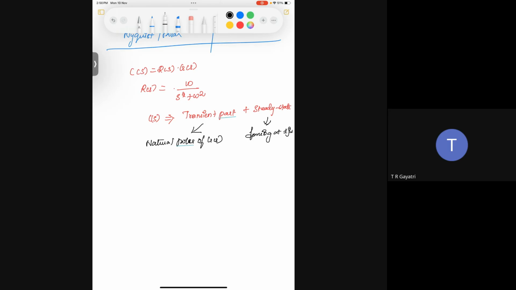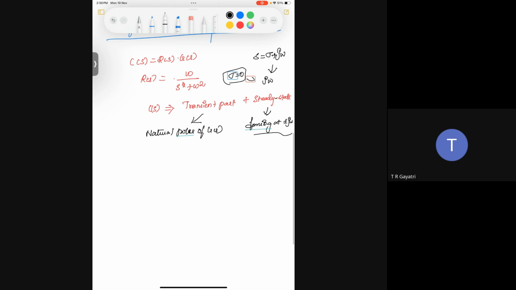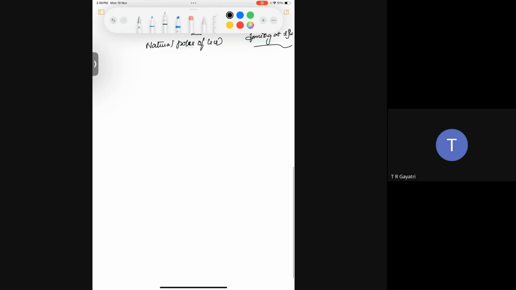In the Laplace domain we have sigma plus j omega, so we change this to j omega by forcing sigma equal to 0. The steady state response comes from doing this, whereas the transient response comes from the natural pole locations of G of j omega.